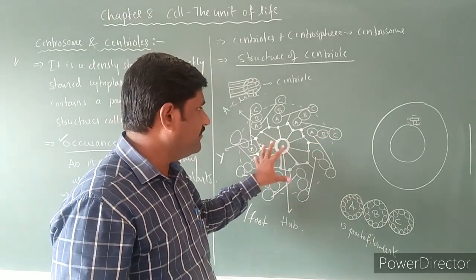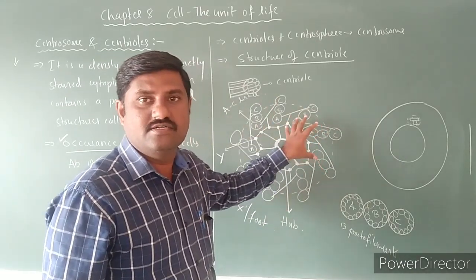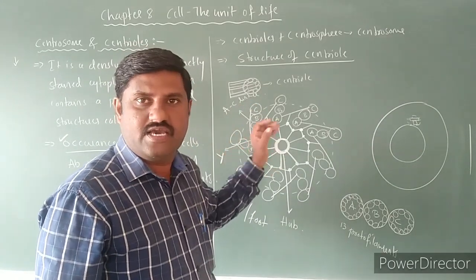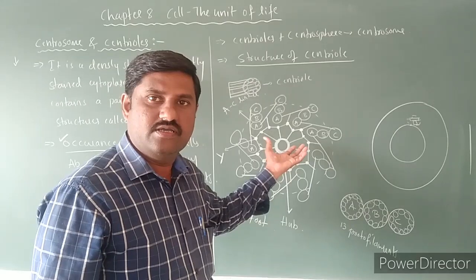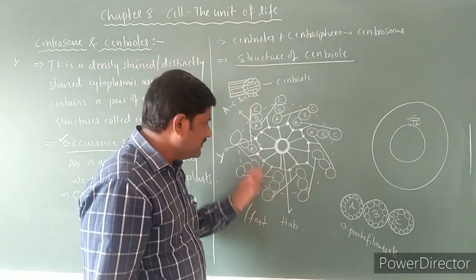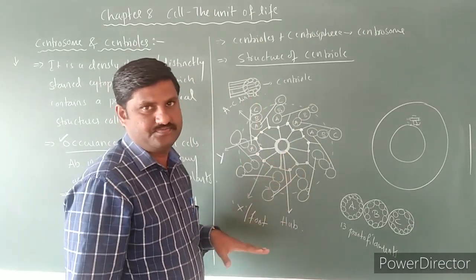The 9 triplets we come across are all elongated, cylindrical, along the central axis itself, right? This kind of structure you can observe in each centriole, right?